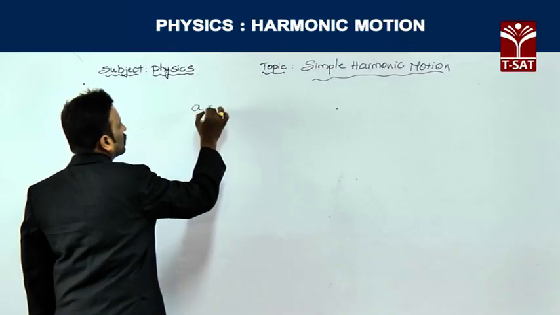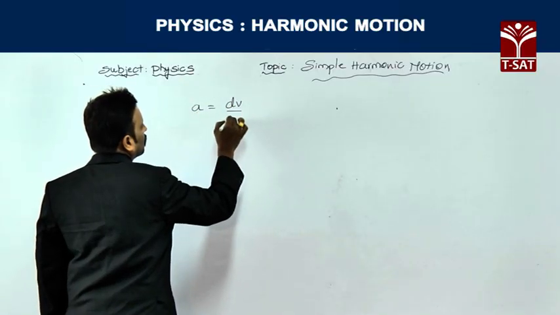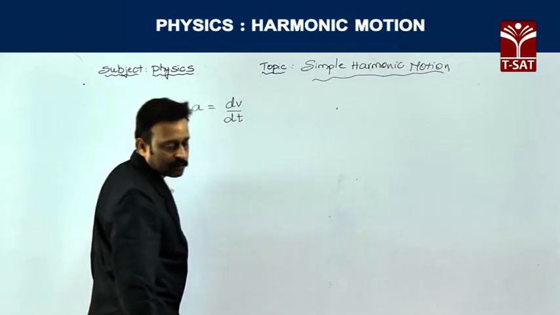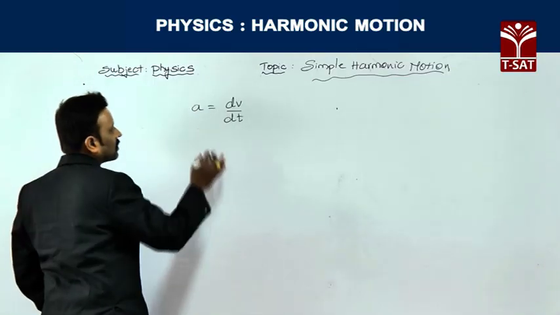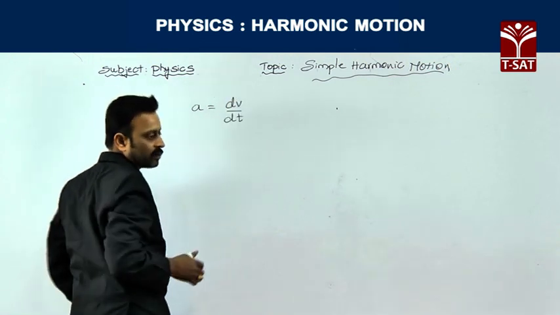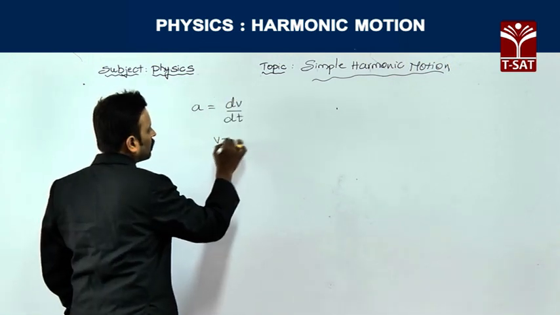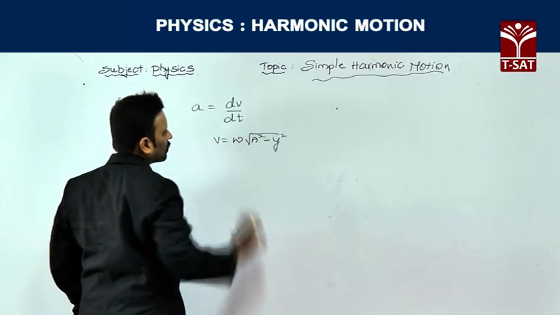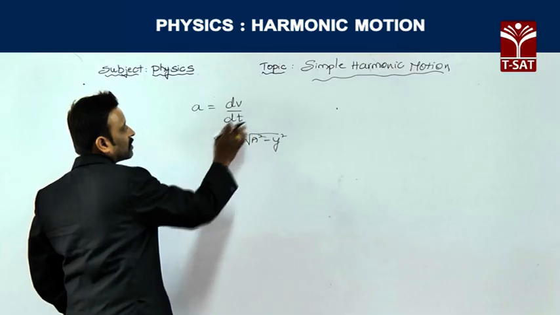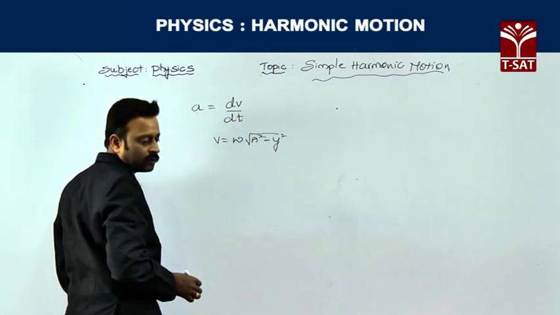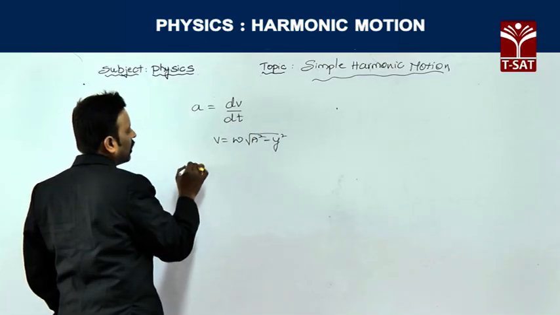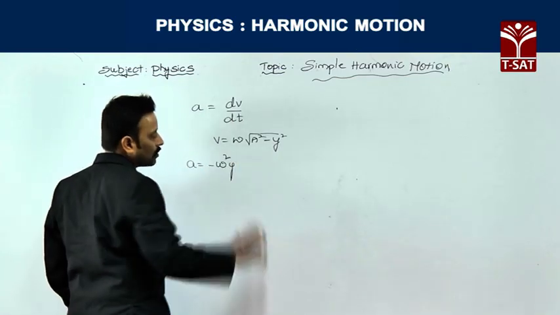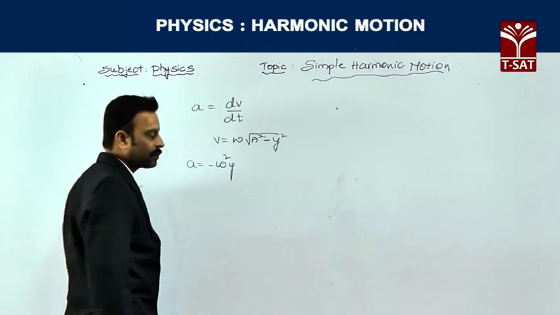Acceleration is defined as the rate of change in velocity. So the formula for acceleration is we have to differentiate v is equal to omega root a square minus y square. When you differentiate this equation with respect to time, we get the formula for acceleration as minus omega square into y.